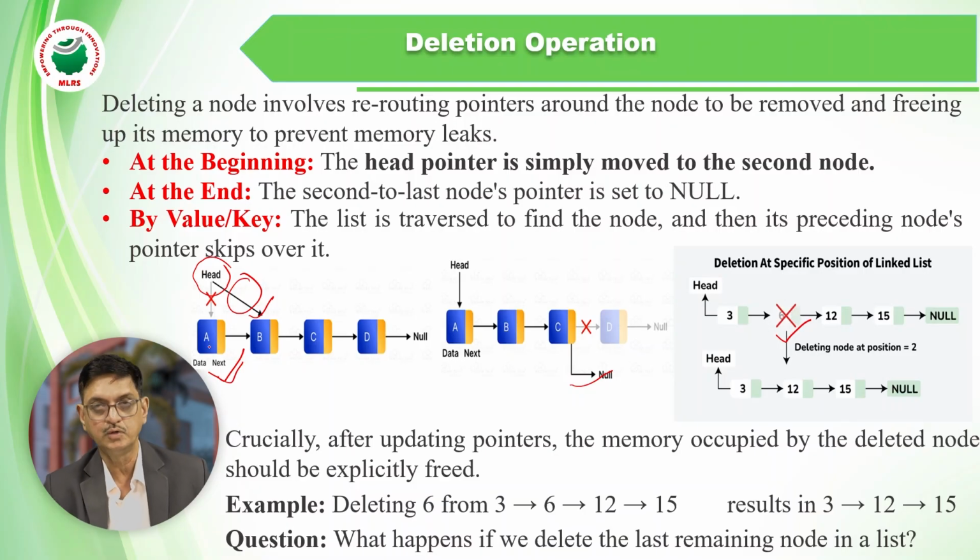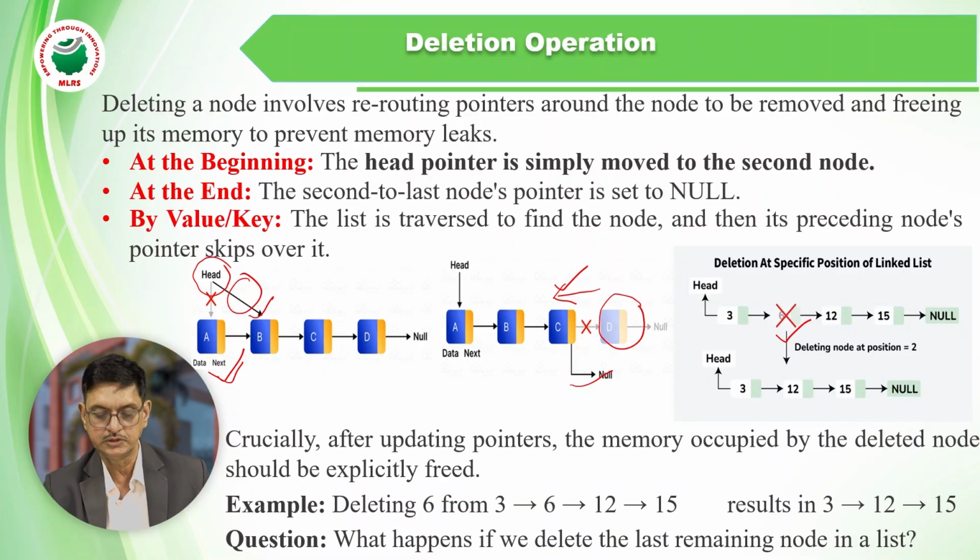Similarly, if you want to delete the last node, what is the requirement? If you delete the last node logically, the last but one node becomes the new last node. So here we require the last but one node in order to remove the last node.